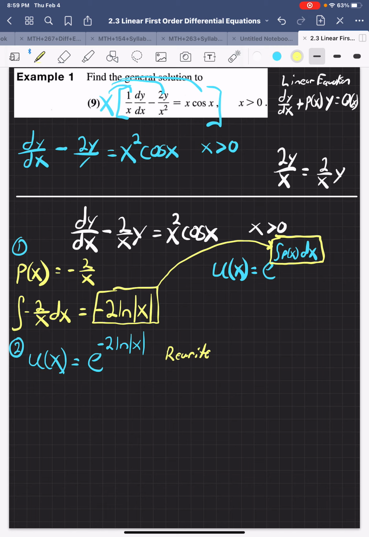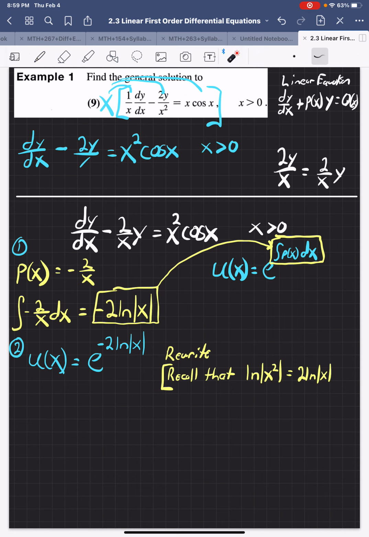So recall, really quickly, I have to recall some things. Let's recall that ln of x squared can be written as 2 ln of x, right? Remember that?